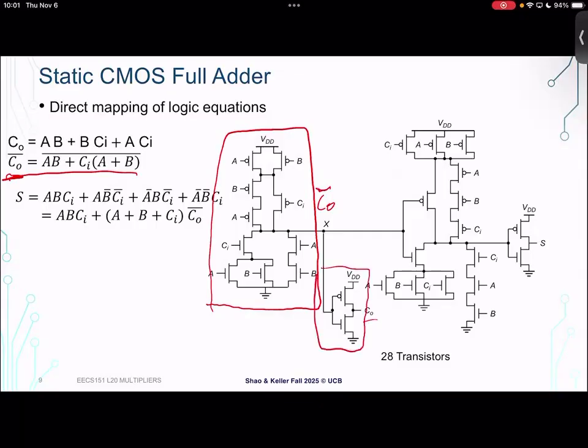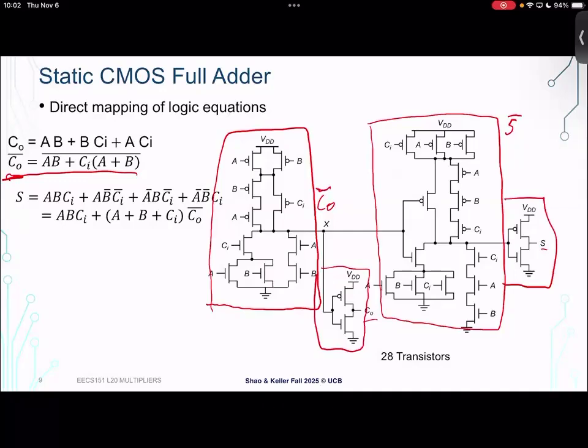And then we use that carry out bar, carry out negated, in this big old thing over here, which calculates S bar. And then that is inverted to get S. Typically this will be assembled in a standard cell library as a single big standard cell, but it actually has 4 different stages inside of it that are cascaded in this way. So this is our full adder cell. So far, so good.